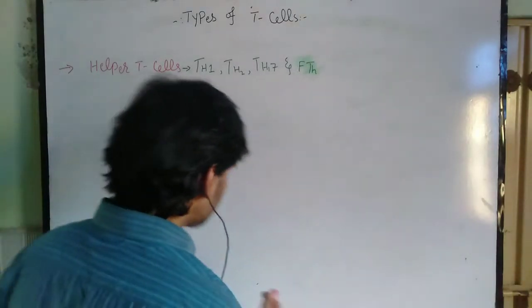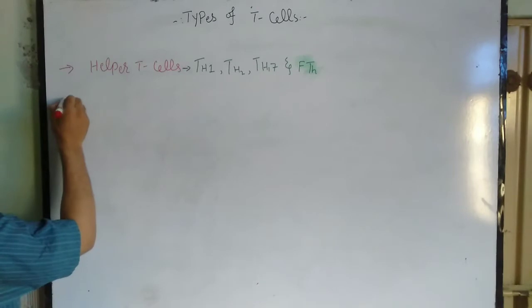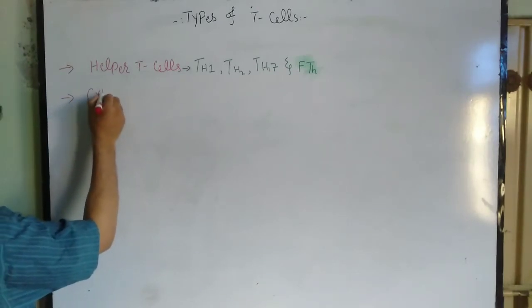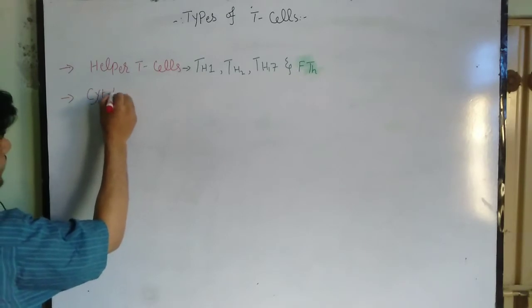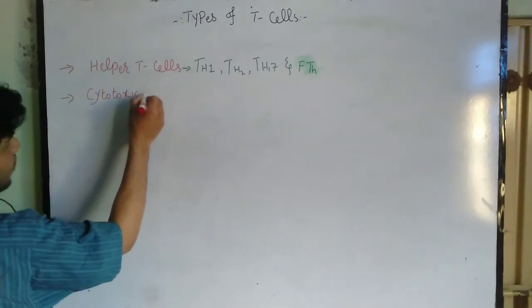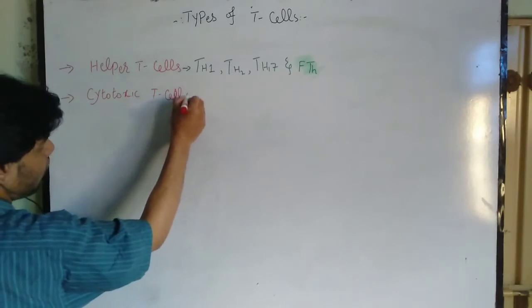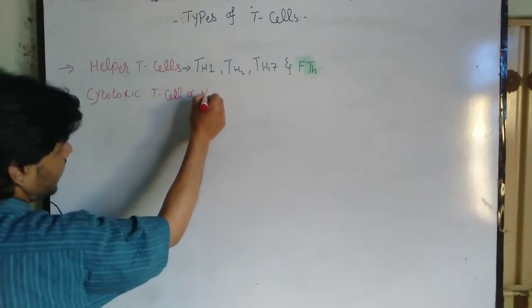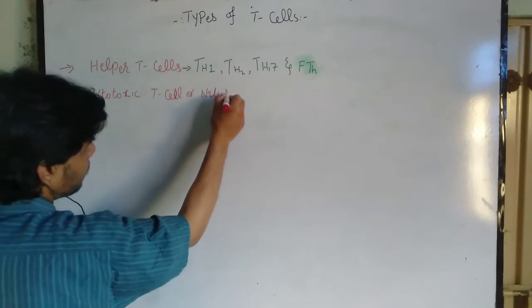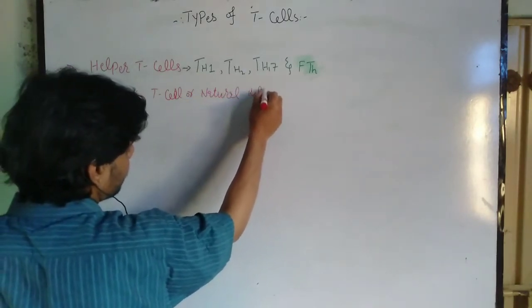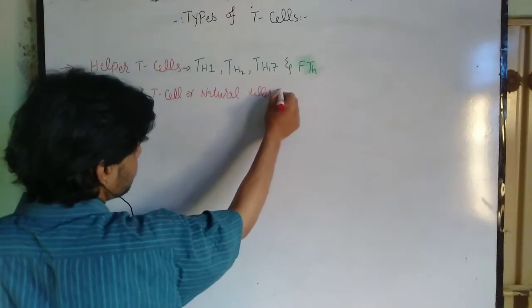Okay, then we have another type of T cell, we call that cytotoxic T cells or natural killer T cell.